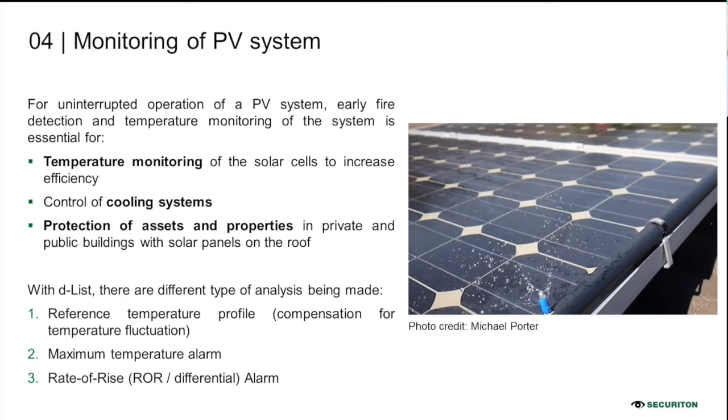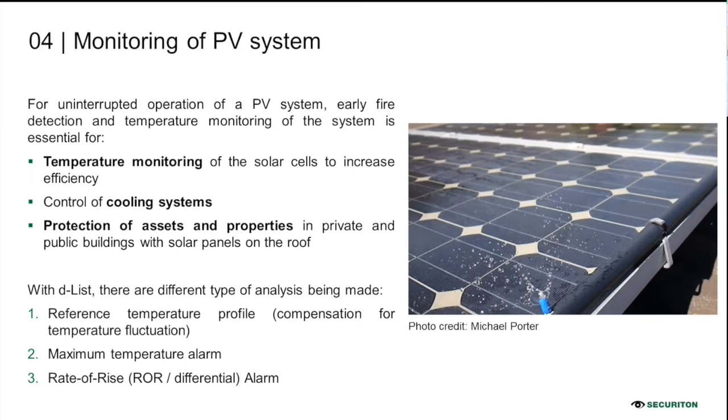So with that, we need to do temperature monitoring, and with that temperature monitoring, we can do a cooling system. So we allow the system to cool down and to protect the assets and the property from early damages. So how is this possible?